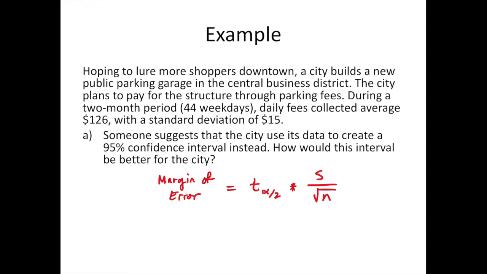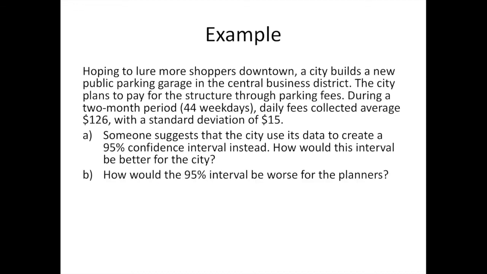There's always this trade-off between precision and confidence. And so here, I would have a larger margin of error, but I'm more confident. The city would, however, have much more confidence that the true mean is somewhere in this interval. Now, how would this be worse for the planners?